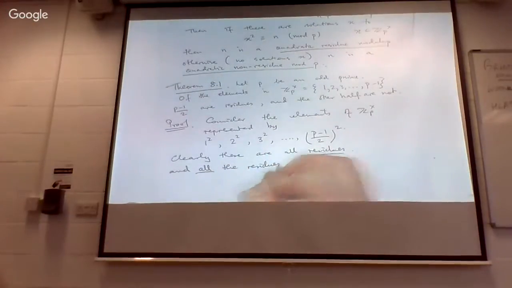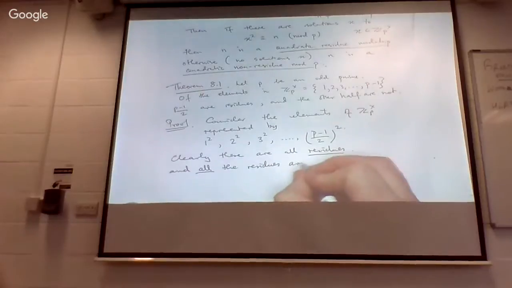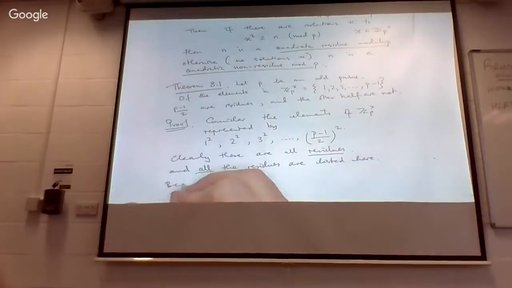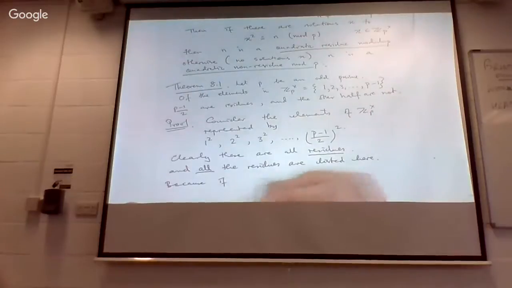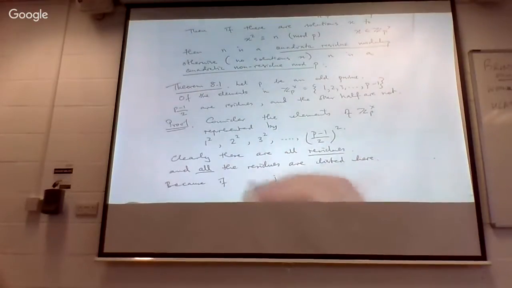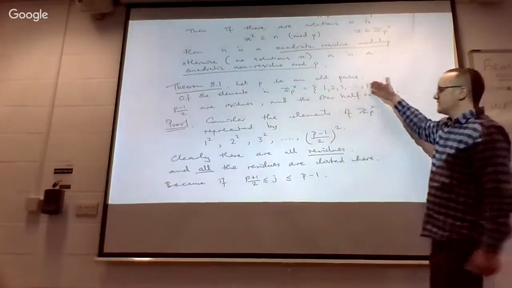This is the point about the positives and negatives. If j comes from the second half, so if j is from P plus 1 over 2 all the way up as far as p minus 1, j is one of the numbers in the second half.